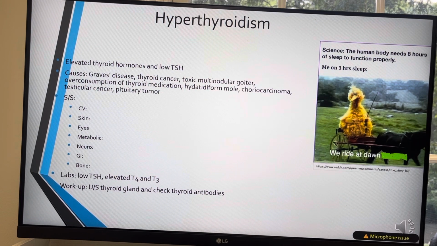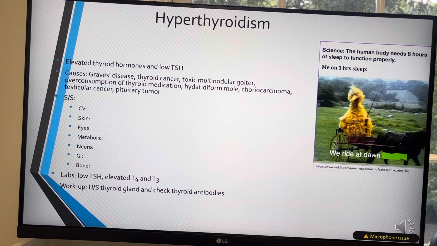You can see it if someone is just taking too much of their thyroid medication. You can see it if someone has thyroid nodules, which again goes along with cancer. You can see it with a molar pregnancy. With a molar pregnancy, there's a non-cancerous tumor of the uterus.